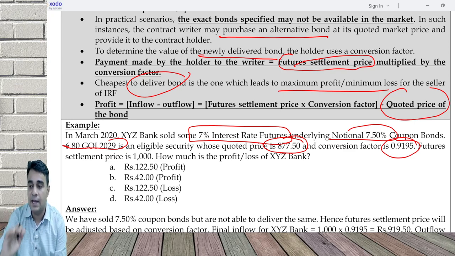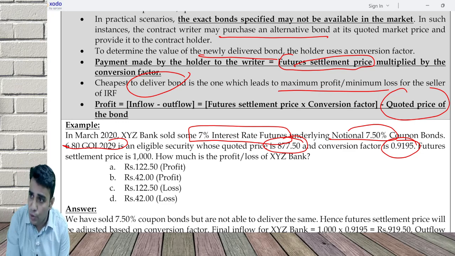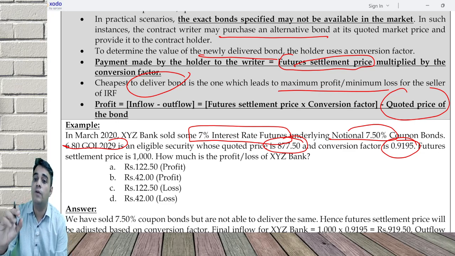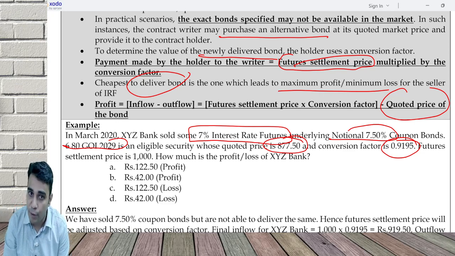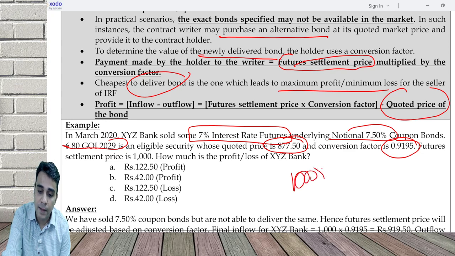What is very simple is I wanted a specific bond. You are saying you do not have the specific bond. When you do not have the specific bond, you want to give a proxy bond. I have no problem with that proxy bond because the exchange tells the list of deliverable bonds. My final profit is 1,000 into 0.9195 as my inflow.